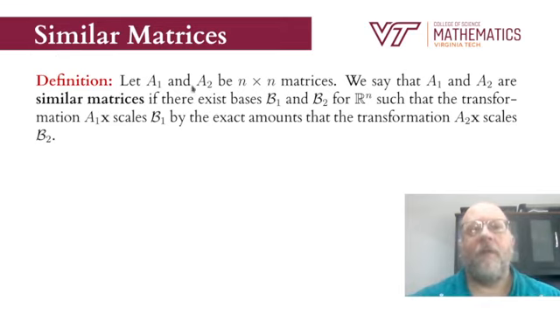And now we have our definition here. Let's say we have two square matrices. Again, these have to be square. We say that they are similar matrices if there is a basis for each matrix, such that the linear transformation A1 scales this basis by the same amounts that this transformation scales this basis.